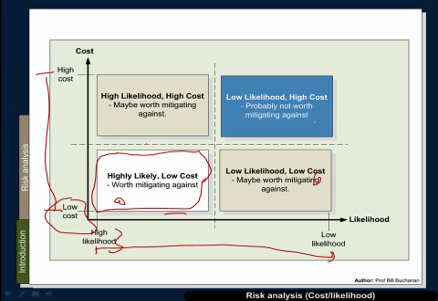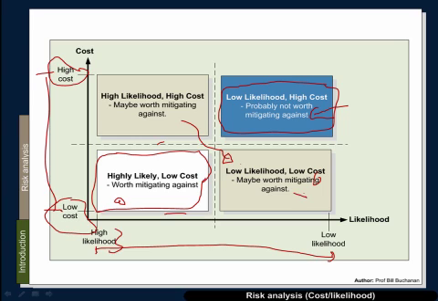When we're in the top region here, we have a low likelihood threat, and it has an associated high cost. So it's unlikely that we would mitigate against certain threats in this region. In the other two regions, the choice is less clear.